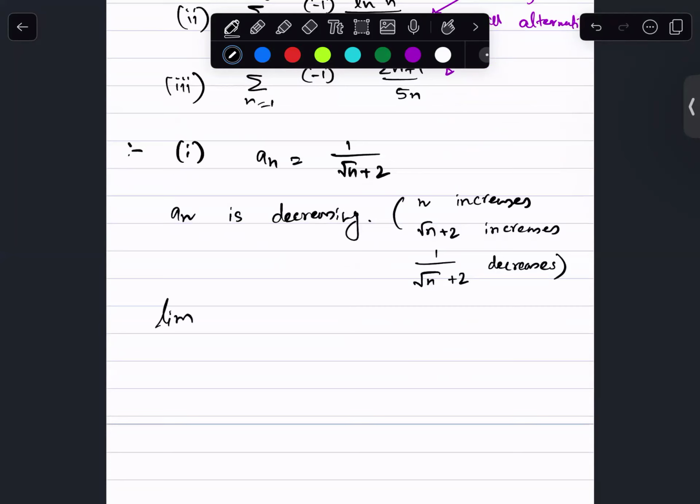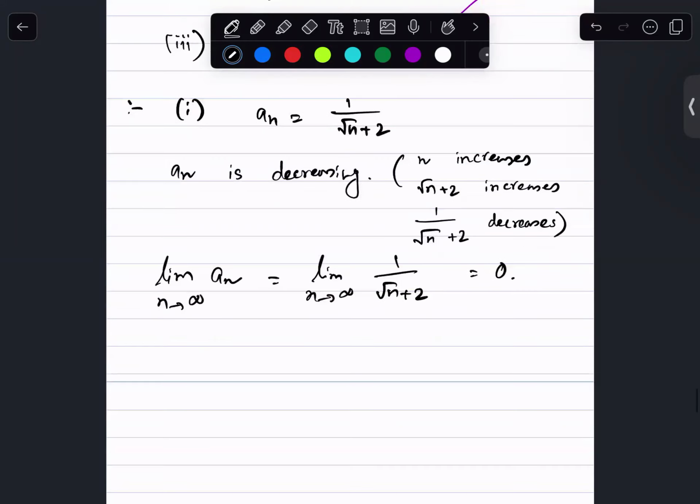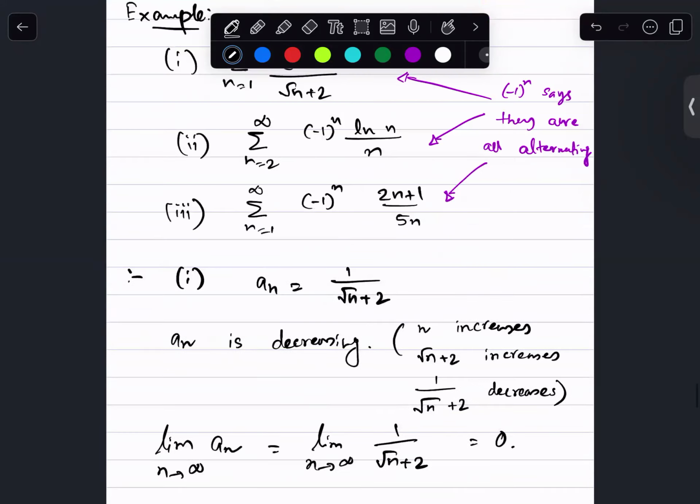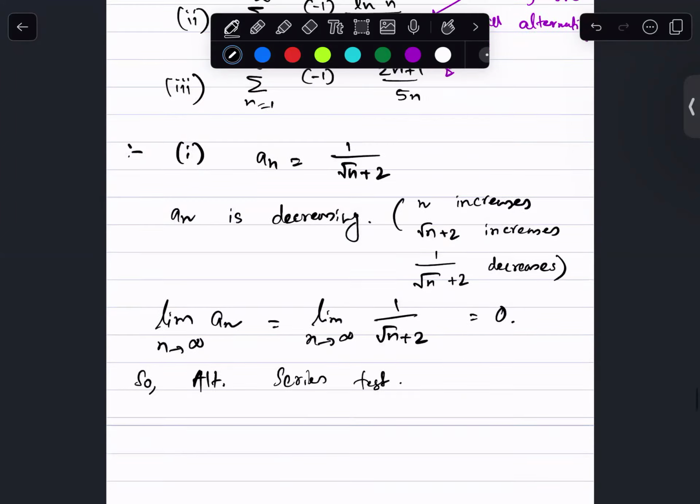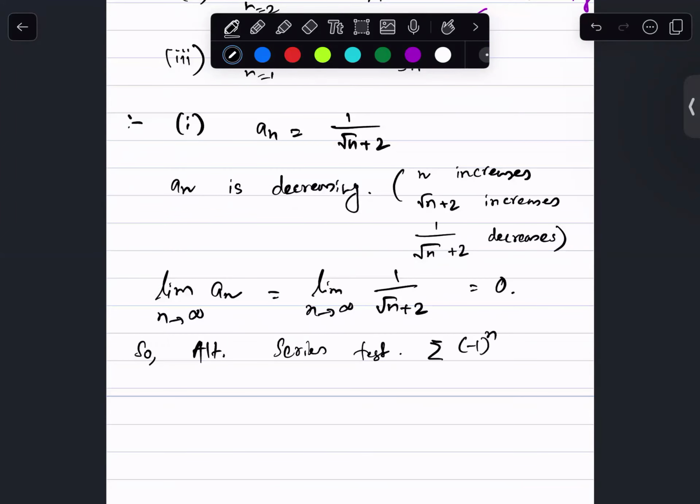And also the limit of an as n tends to infinity, in this case the limit of 1 over square root of n plus 2 is basically 0. So therefore by AST, an abbreviation of alternating series test, I can say that the summation of (-1) to the n over square root of n plus 2 converges.